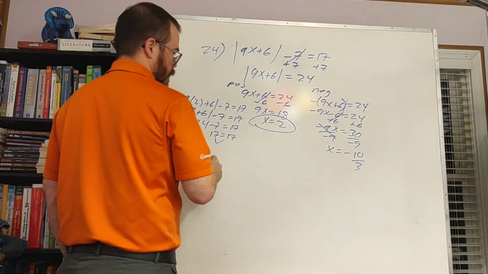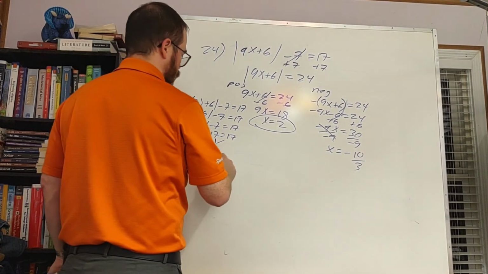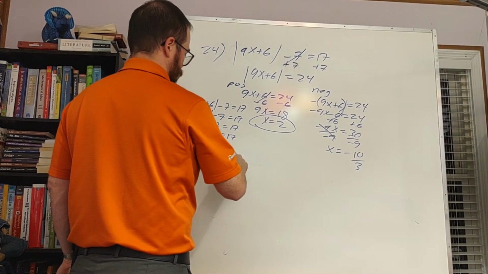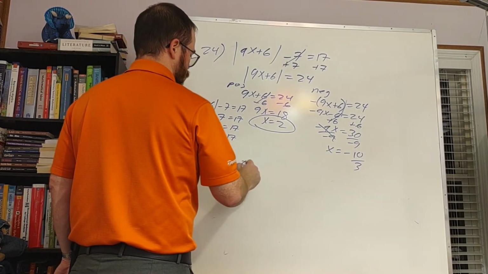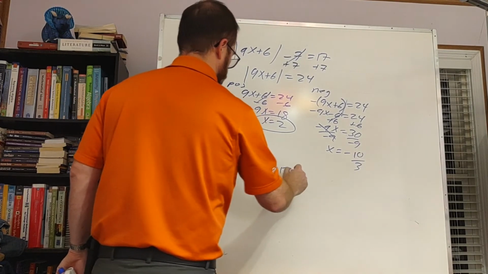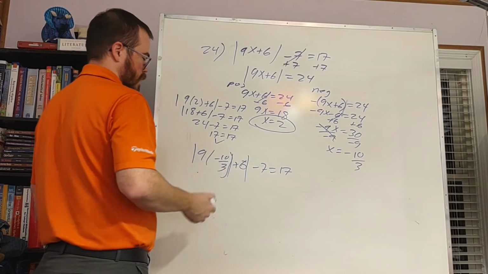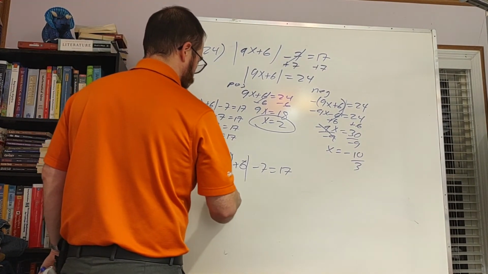If we do this guy over here, we've got absolute value 9, plugging in negative 10 over 3. That's parentheses there, plus 6 first, so absolute value, minus 7. Okay, so 3 will go into 9 3 times. 3 times negative 10 is going to be a negative 30.